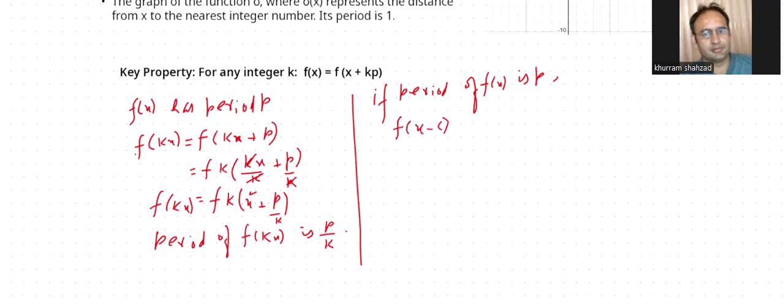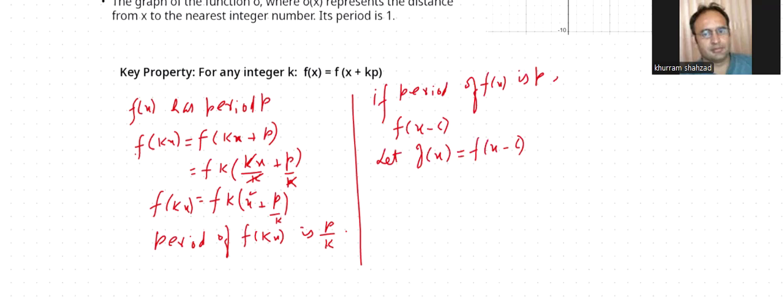Suppose I take g of x equal to f of x minus c. I'm assuming that this f of x minus c is equal to some g of x.